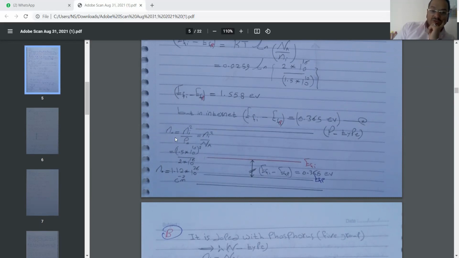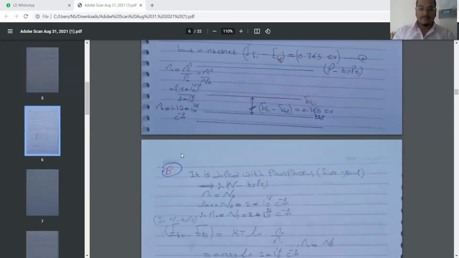To find n naught, it equals the intrinsic carrier concentration squared divided by the concentration of holes, which is the concentration of acceptors Na, because p naught equals Na in p-type. The last result is 1.12 times 10 to the power 36.